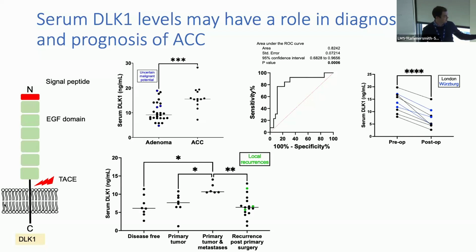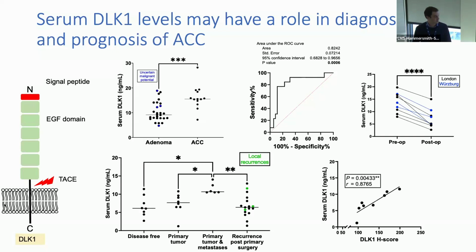Now, this was a separate cohort in Würzburg, which had serum collected for other reasons in patients at random times. And it just showed that there was a higher level of DLK1 serum levels associated with a higher burden of disease, particularly in patients who had a primary tumor in situ with widespread metastatic disease.